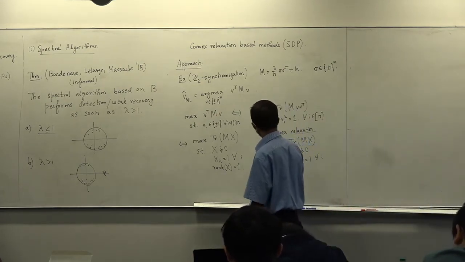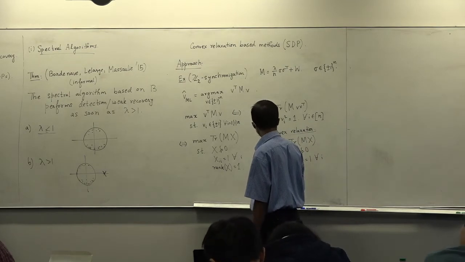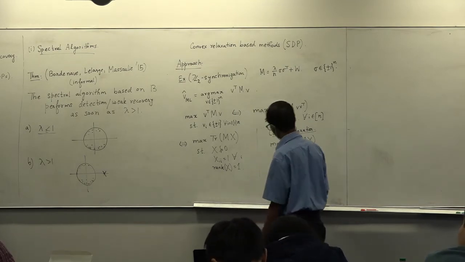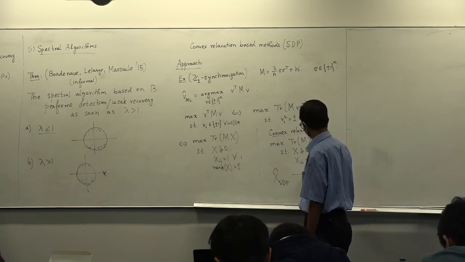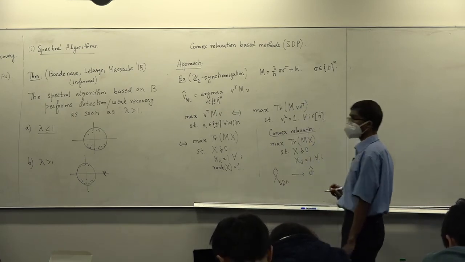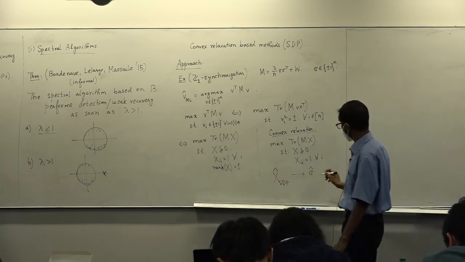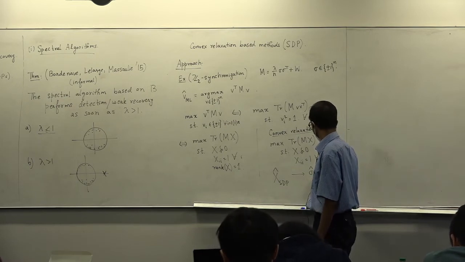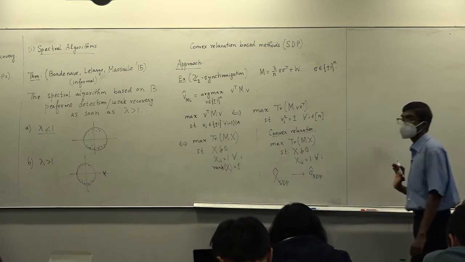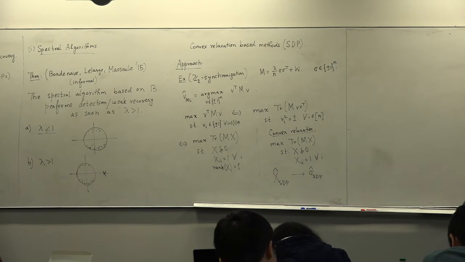And once I get my X hat as the SDP solution, I will try to round it somehow and get some sigma hat from this. I'll need some appropriate rounding procedure later.